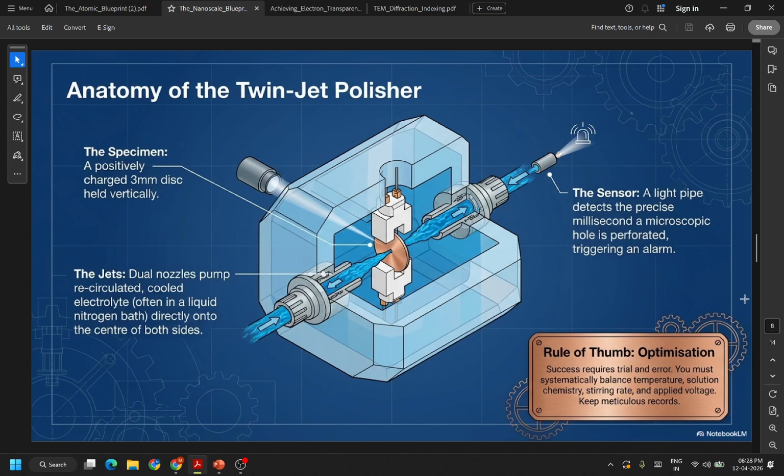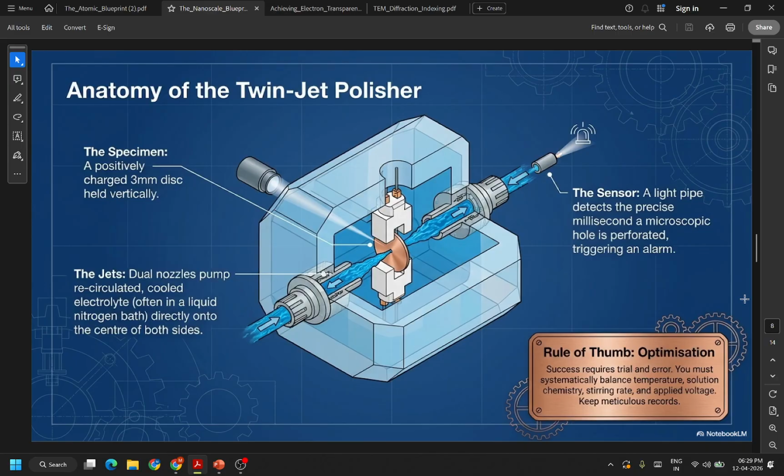So what a twin jet polisher does is, the specimen, which is a positively charged 3 mm disc, is held vertically, and then the jets, which are dual nozzle pumps, recirculate cooled electrolyte through a liquid nitrogen bar directly onto the center of both sides of the disc.